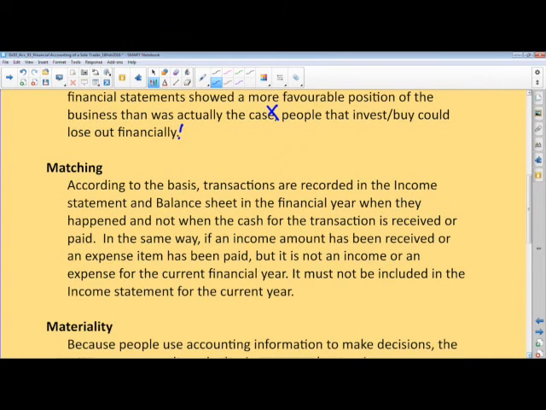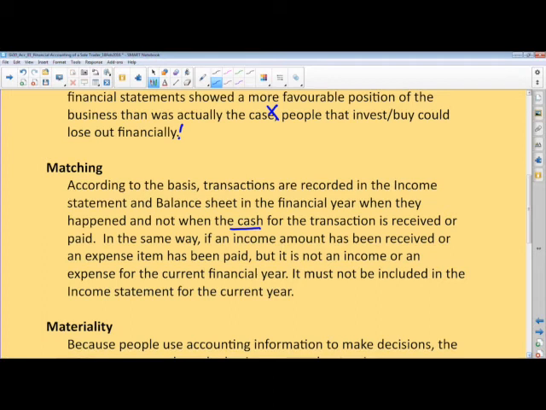The matching principle. Now guys, according to the basis, transactions are recorded in the income statement and balance sheet in the financial year when they happened and not when the cash, that's the important one, for the transaction is received or paid. In the same way, if an income amount has been received or an expense item has been paid, but it is not an income or an expense for the current financial year, it needs to be excluded.